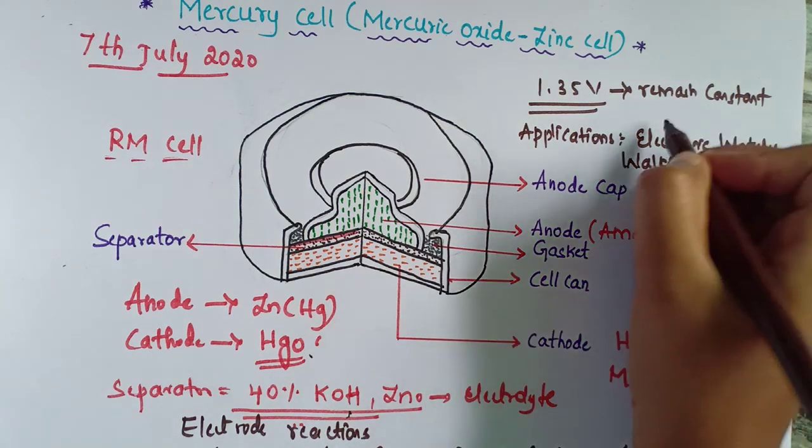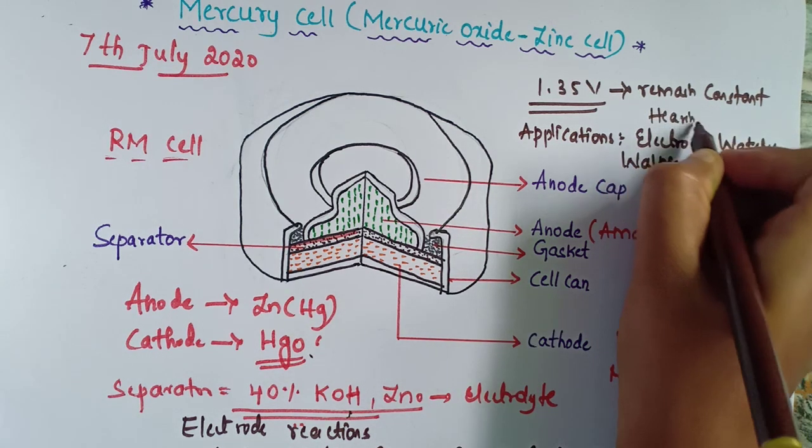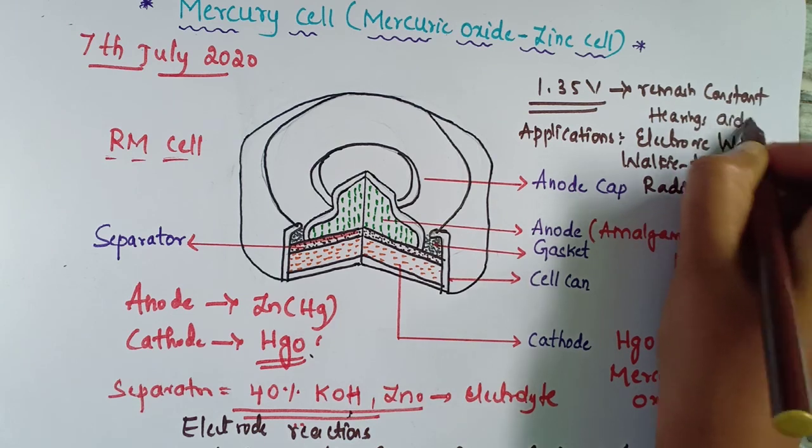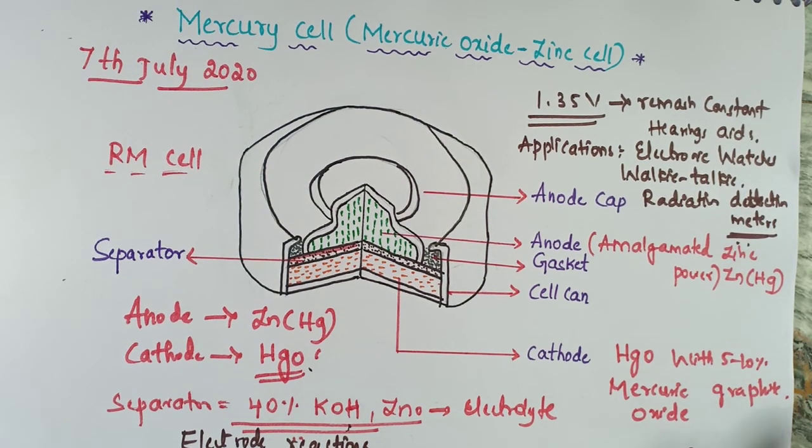It is also used in hearing aids. These are the applications of this mercuric cell.